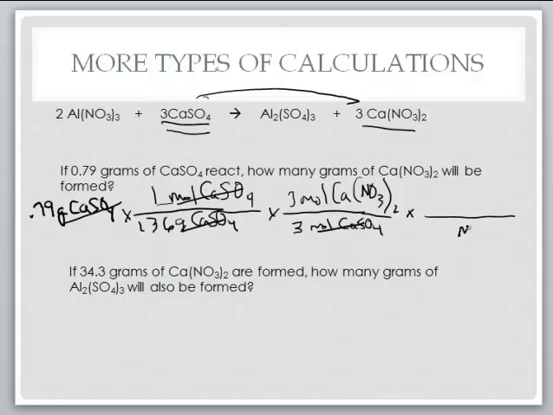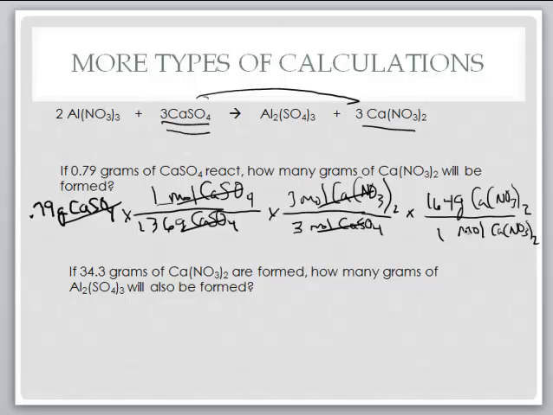Put our moles in the denominator. We're going to have grams of calcium nitrate. 1 mole. Add up our grams, 40 plus 2 times 14 plus 6 times 16 gives us 164 grams.